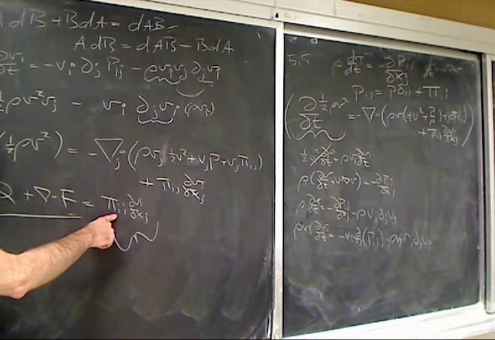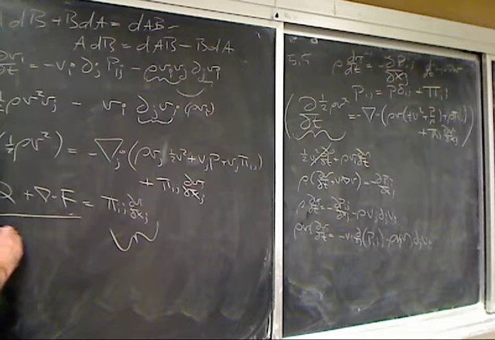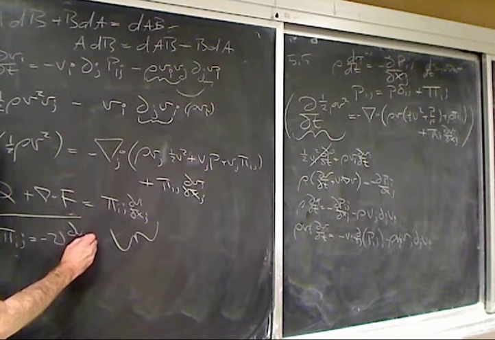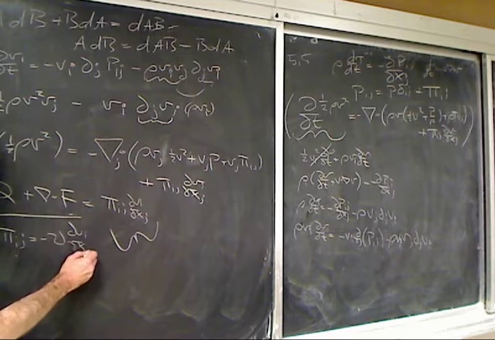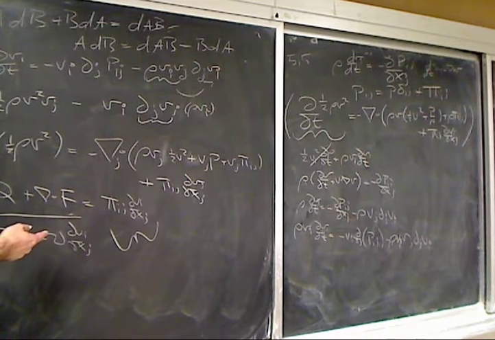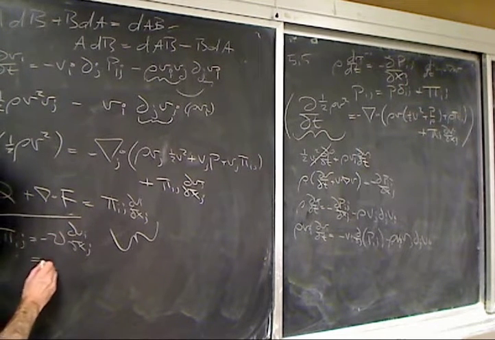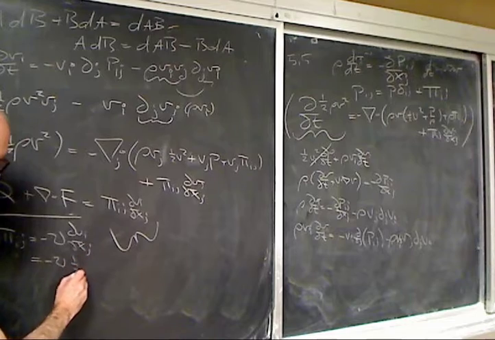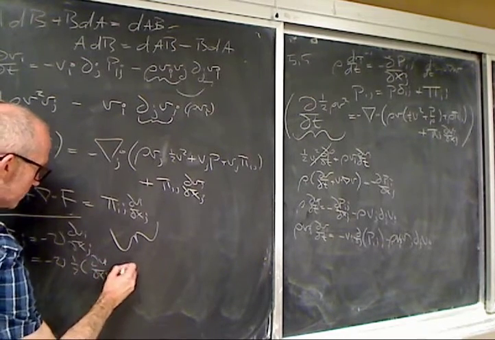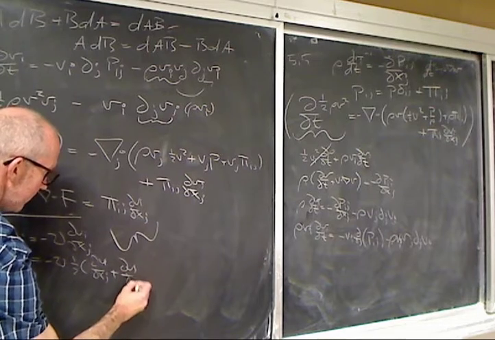in what we know for pi ij, minus mu times dvi dxj. But that's not really symmetric enough, so we rewrite this as minus mu times 1/2 dvi dxj plus dvj dxi.